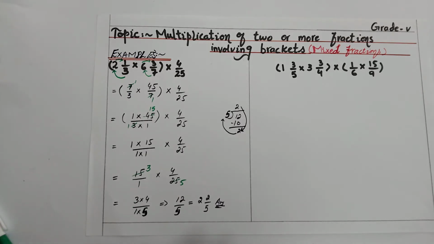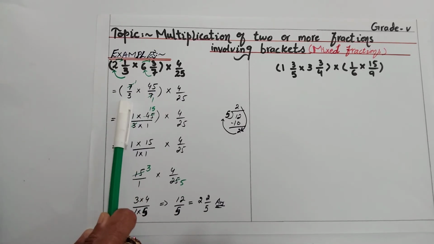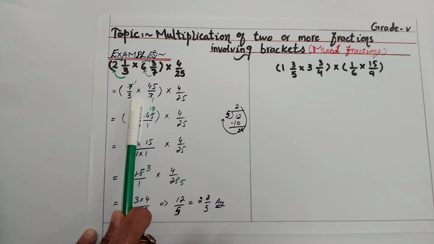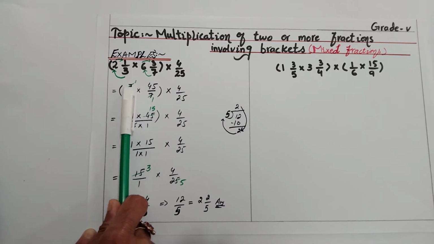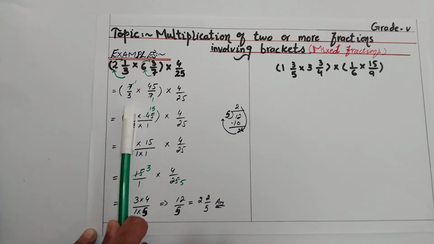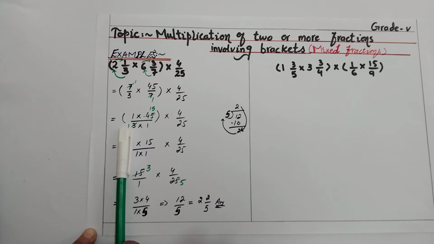Here in the concept of the mixed fraction, you have to firstly convert the mixed fractions into simple fractions, and then you will check whether there is any possibility of cancellation inside the bracket. You can cancel out the numerators and denominators by the highest common factor inside the bracket, and then you will simplify the bracket. After the simplification, you will remove the bracket.